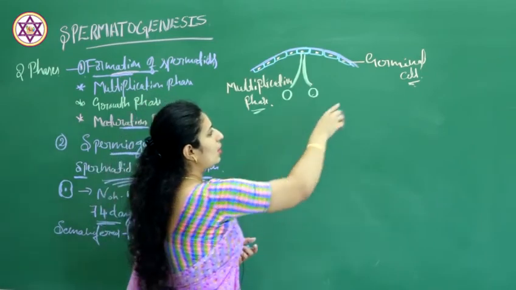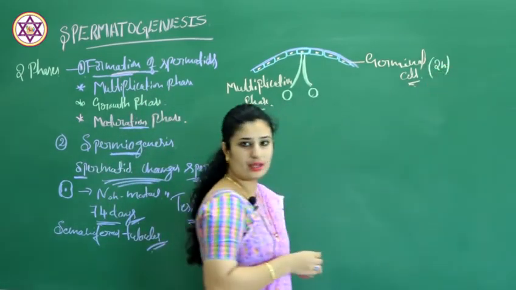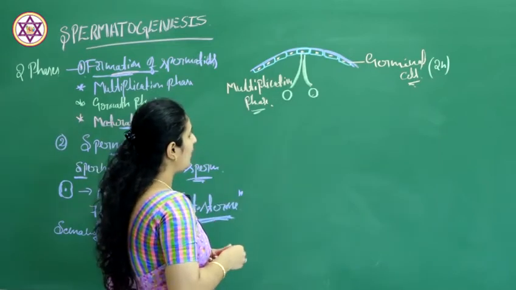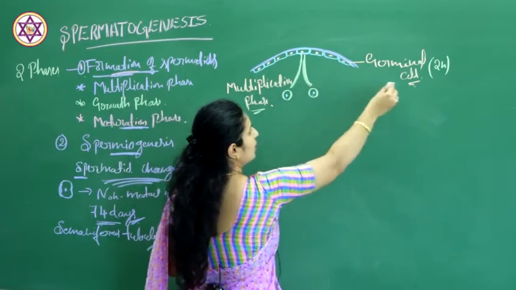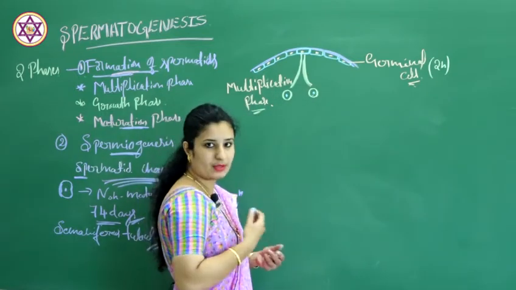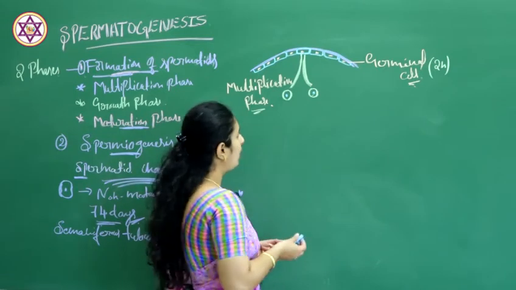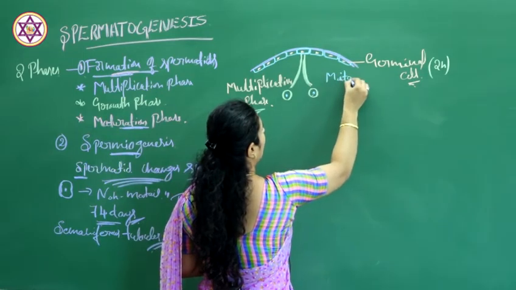Here these germ cells are diploid in nature, 2n in number. This germ cell enters into the first stage of spermatogenesis, where it undergoes a mitotic division.